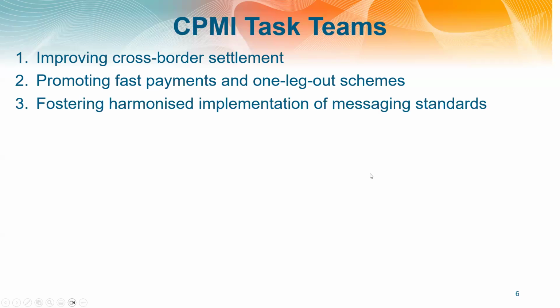Next up is fostering harmonized implementation of messaging standards, aka the ISO 20022 task team. And this is designed to basically derive a list of ISO 20022 messages, and ways of using messages, which can be standardized across border payments.